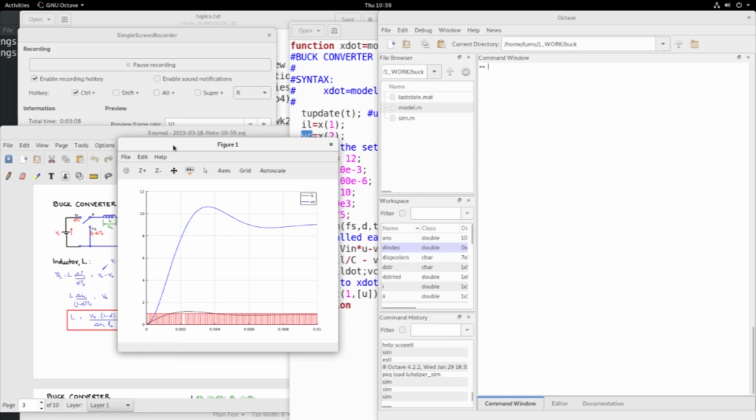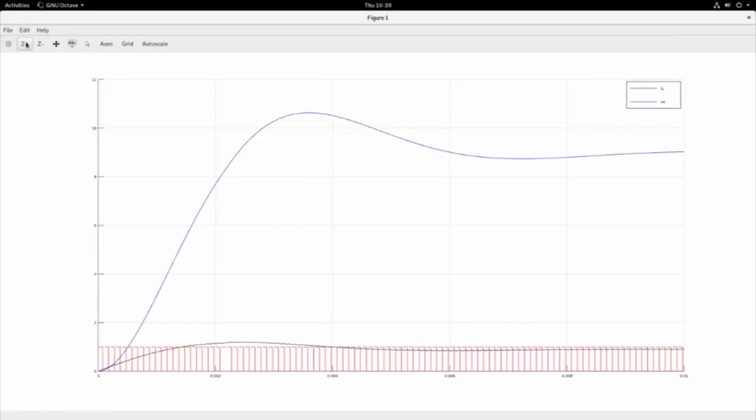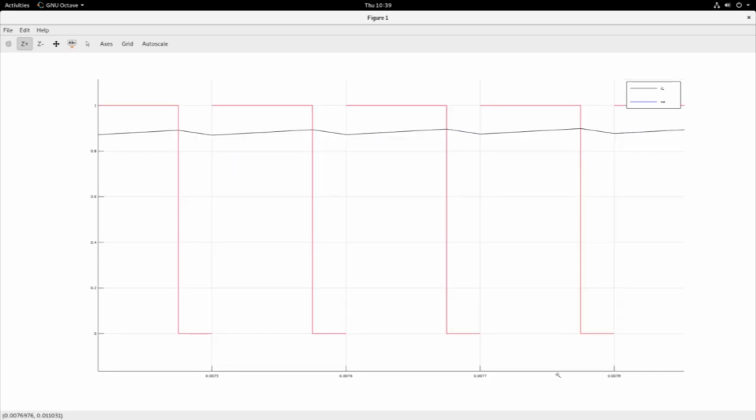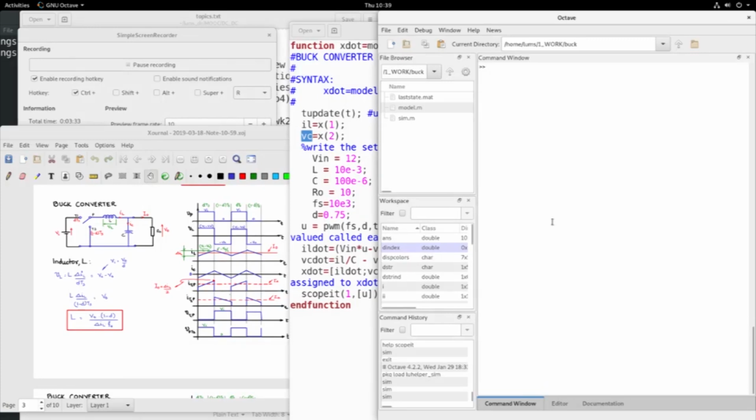Let me take the zoom tool and zoom into a portion near steady state here, and you could probably see the inductor current and the duty cycle waveforms which are given to the switches. So like this, you will be able to see the various waveforms and simulate and validate the buck converter circuit.